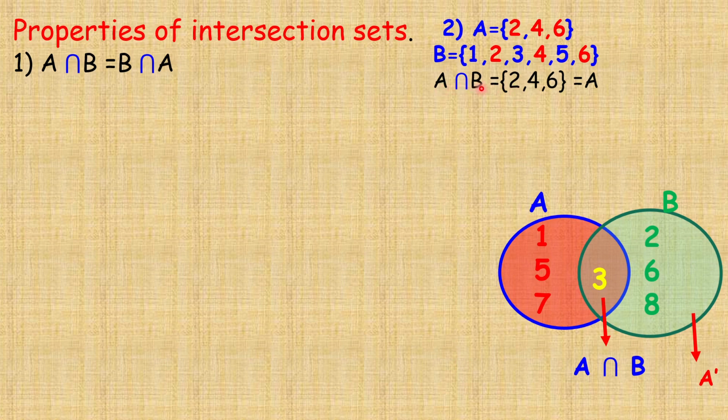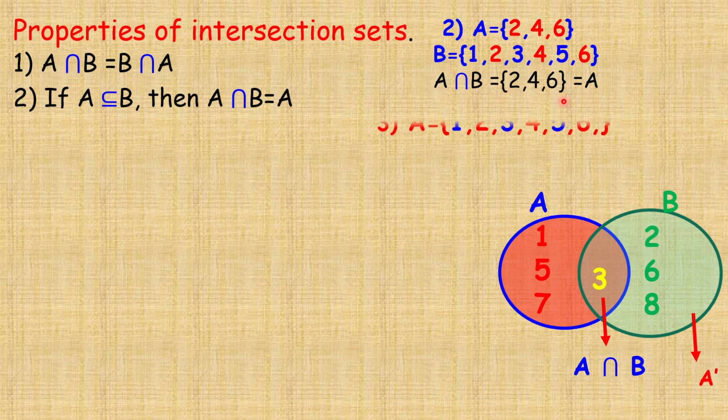A intersection B means the common elements in set A and set B, which are 2, 4, 6. 2, 4, 6 are nothing but the elements of set A. So from this, the second property is: if A is a subset of B, then A intersection B is equal to set A.